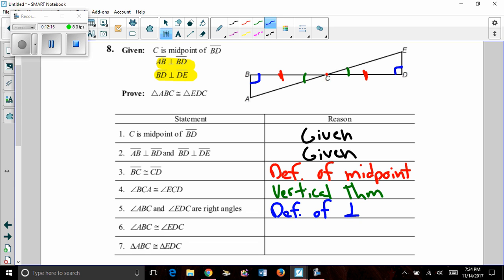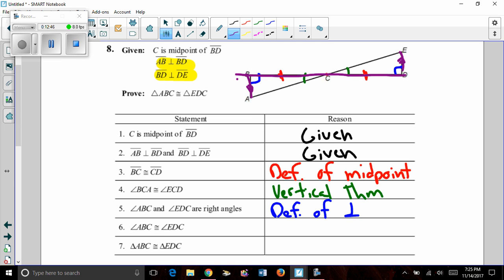One of the ways we could look at this is that AB, as part of this piece with the perpendicular, if BD is perpendicular to both of those, they're actually parallel. These would be two parallel lines, here and here, cut by a transversal.